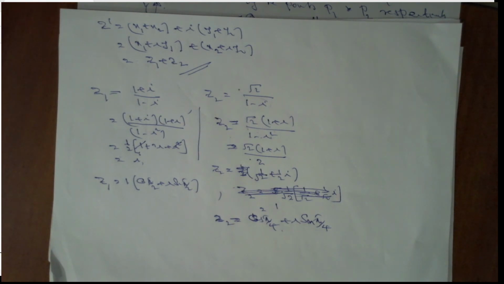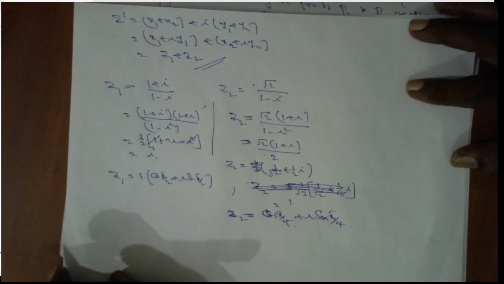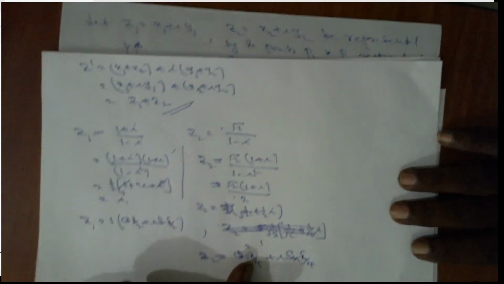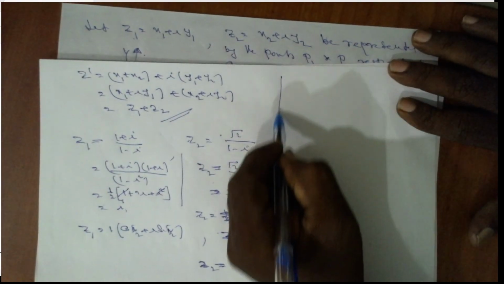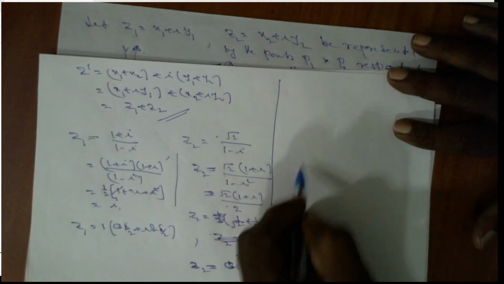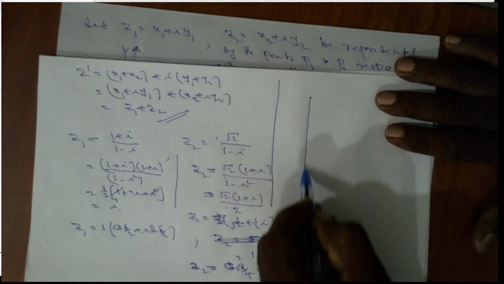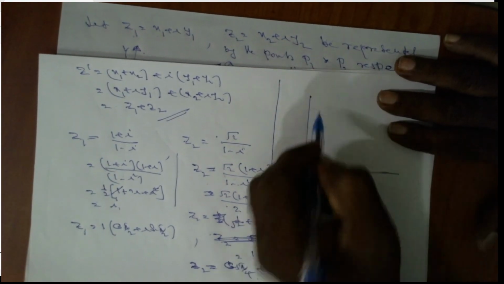Square? If it were a square, then the difference of angle between the two complex numbers should be pi by 2, but it is not pi by 2. It is a rhombus. So you have to notice those properties. If you notice them, this sum is very simple and you can provide the answer very easily.